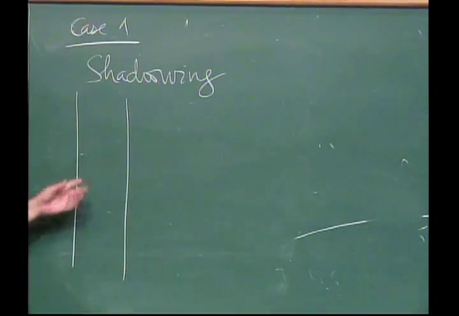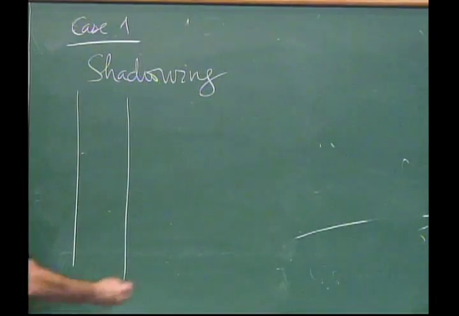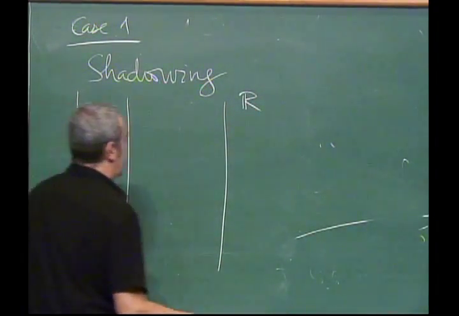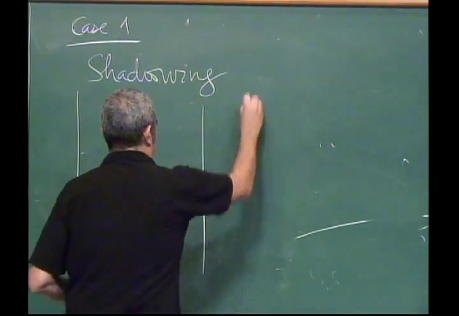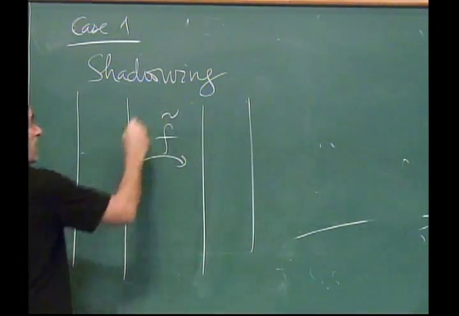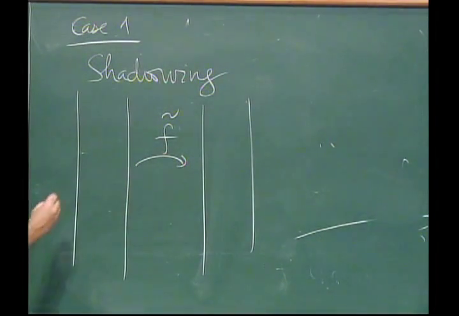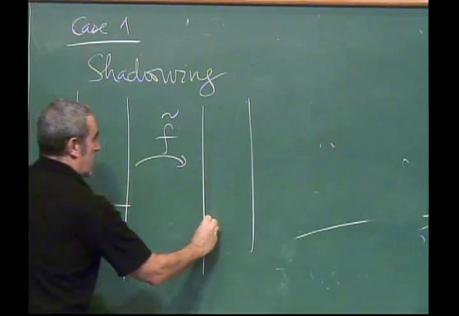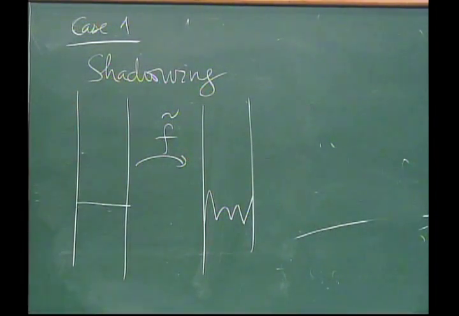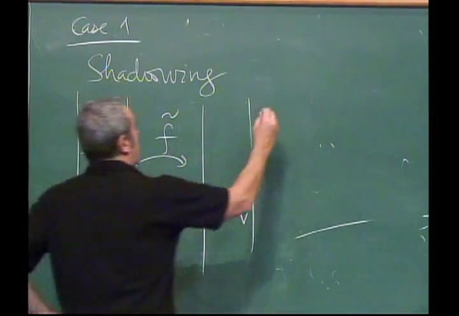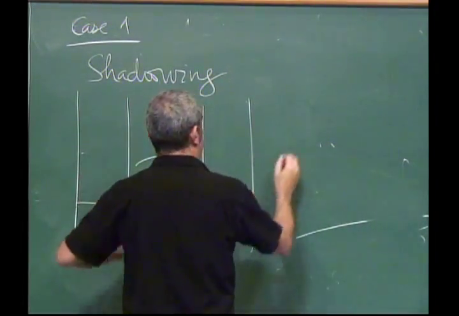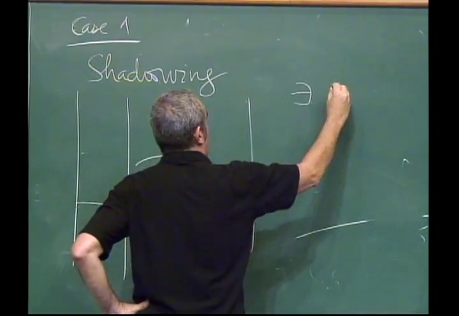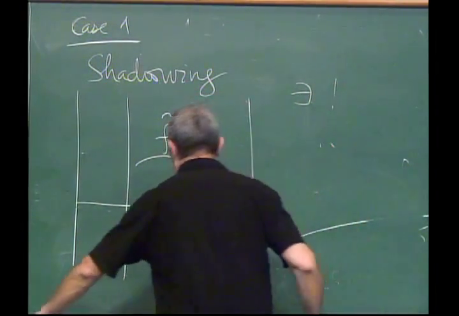I will put the lift of the annulus like this, and I put R like this, and F tilde is a homeomorphism. I put in a hypothesis: if the image of this curve is bounded, then this hypothesis implies that there exists a unique point.